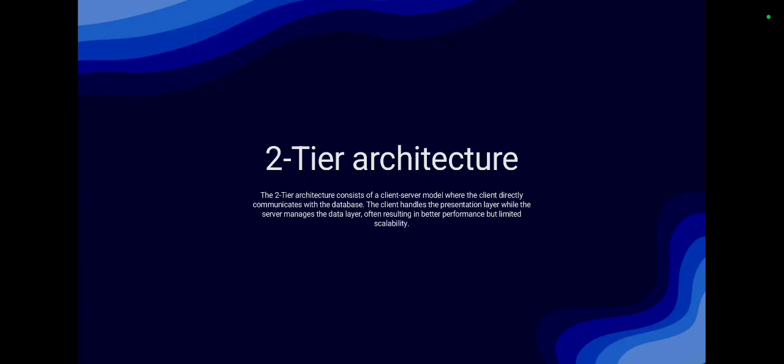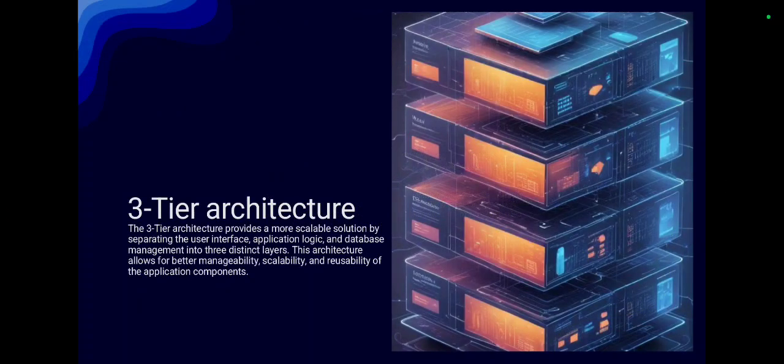To get over the one-tier and two-tier architectures, the three-tier architecture goes with the most scalable approach. There are three layers in it: the user interface layer, which is the front end that the users interact with; the application layer, where the business logic and process records are handled; and the final layer, the database layer, where the data is stored and managed efficiently.